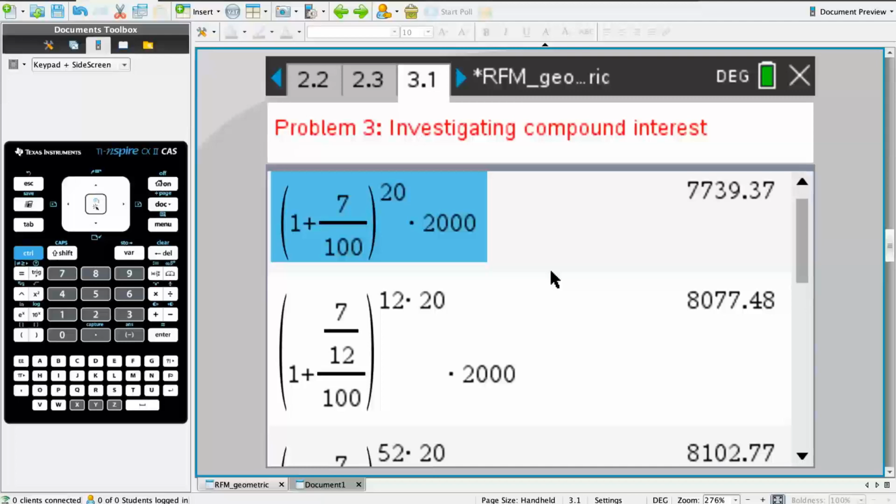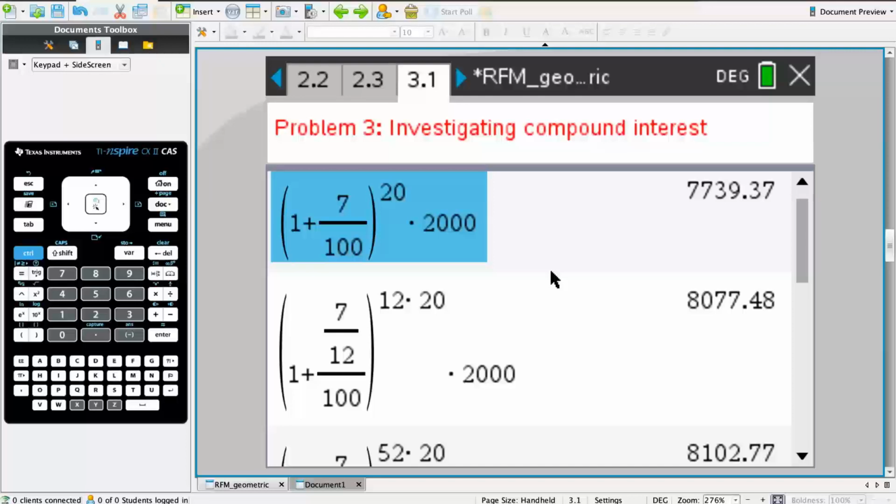So that is the straight application of the geometric rules used previously, where it's 7% per year over 20 years. So that's really just R to the n times V naught. And that says that if you do it over 20 years, you're going to get to about $7,739.